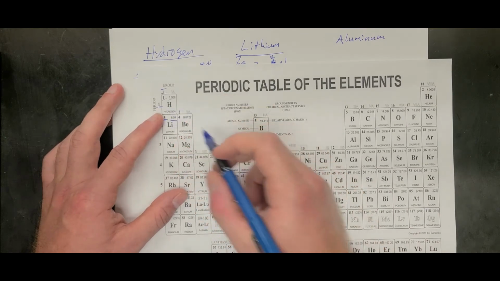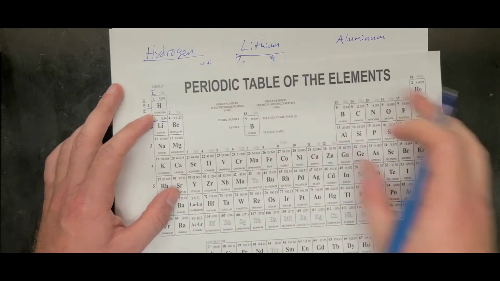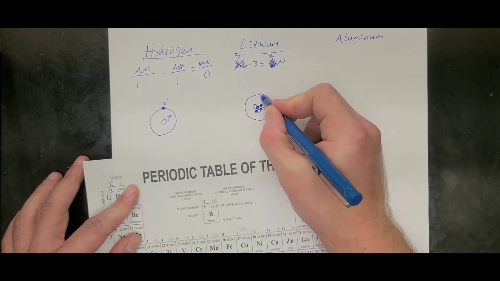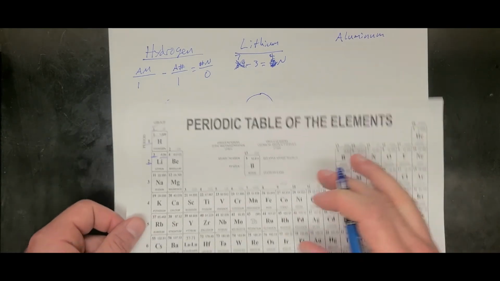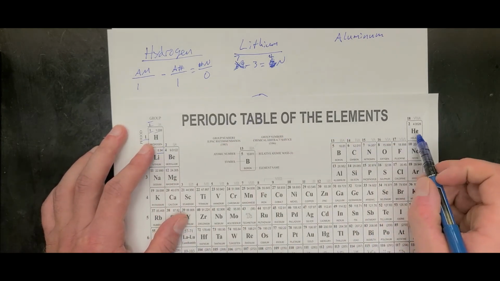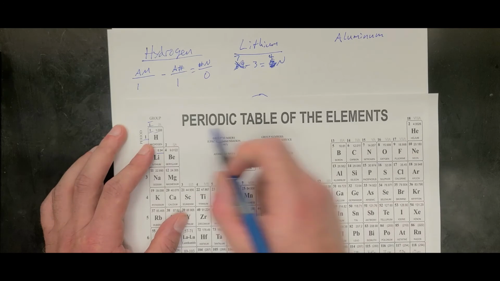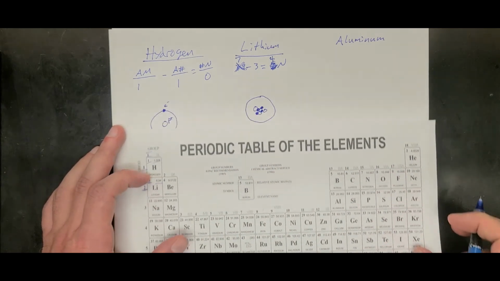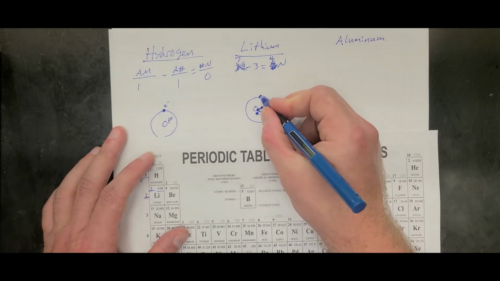In this first row, this represents the first energy level. So we'll draw that first energy level. This first energy level represents 2 elements that reside in there. So there's going to be 2 electrons in that energy level.